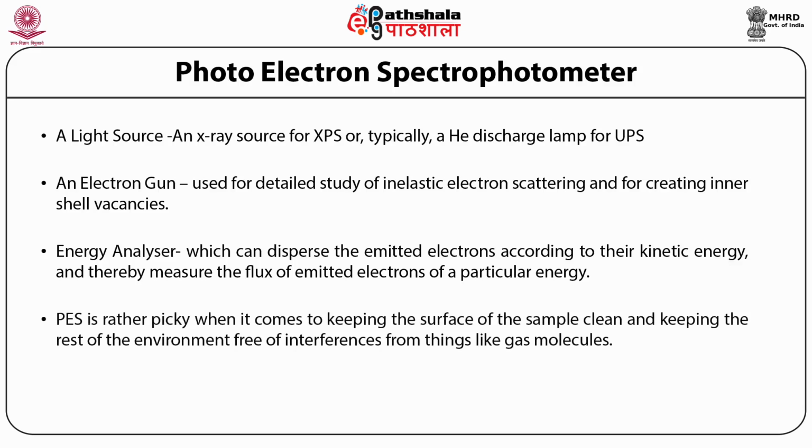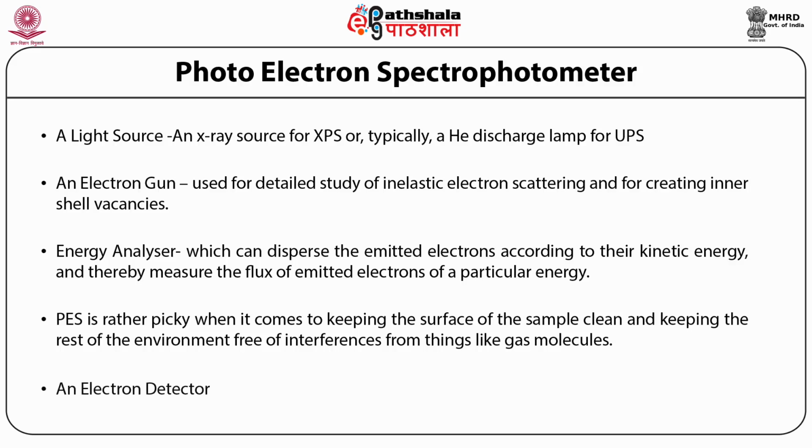Photoelectron spectroscopy is rather picky when it comes to keeping the surface of the sample clean and keeping the rest of the environment free of interferences from things like gas molecules. The high vacuum is almost always an ultra high vacuum, that is a UHV environment.